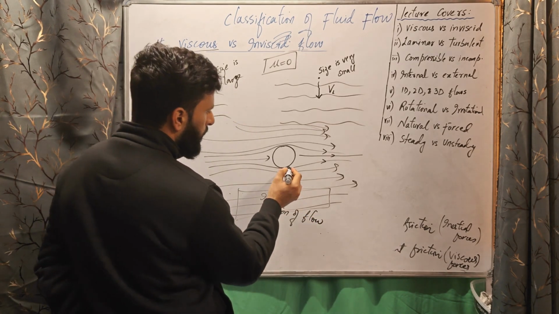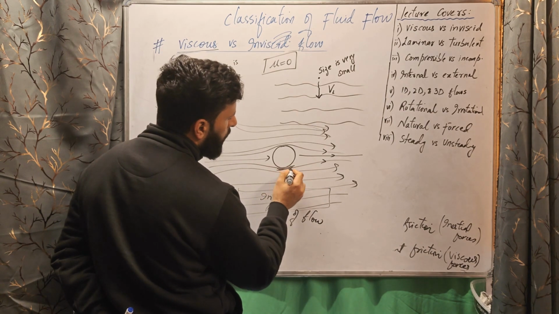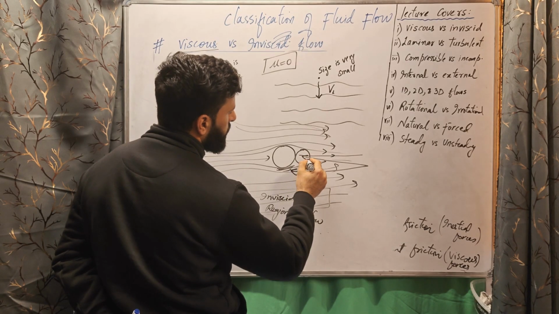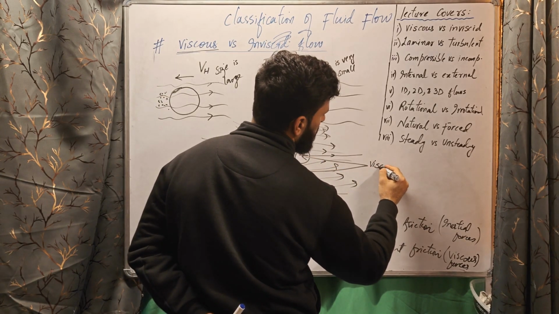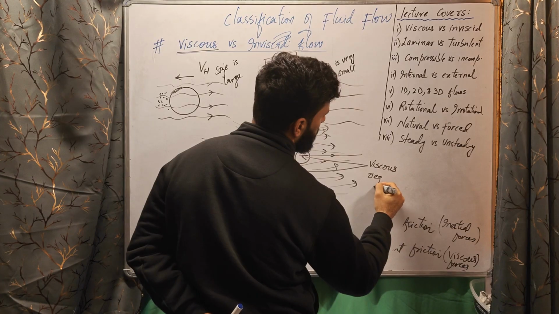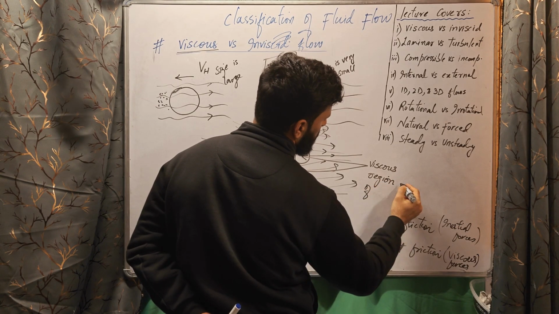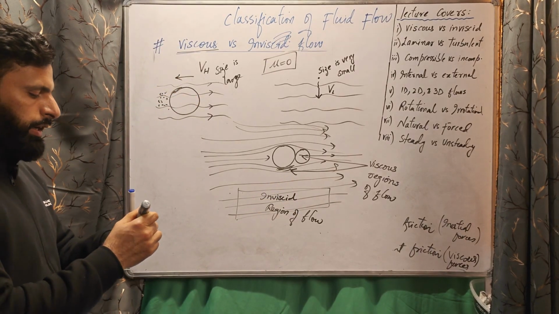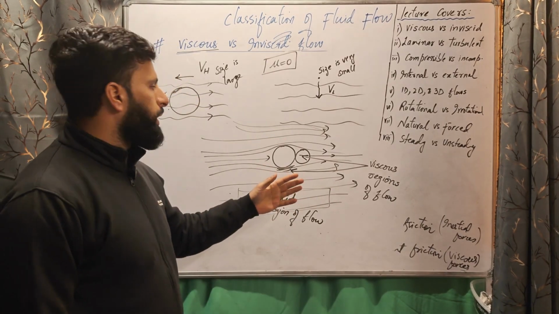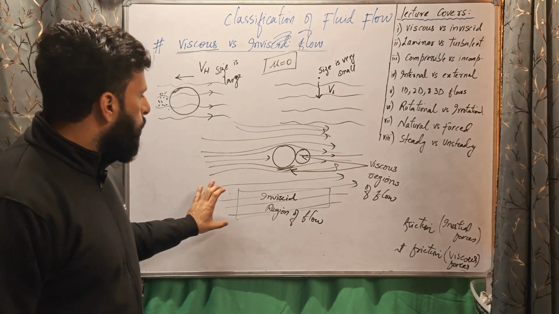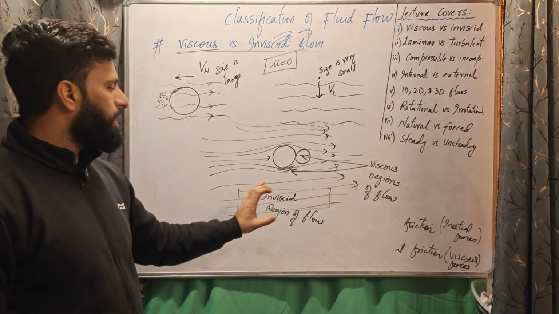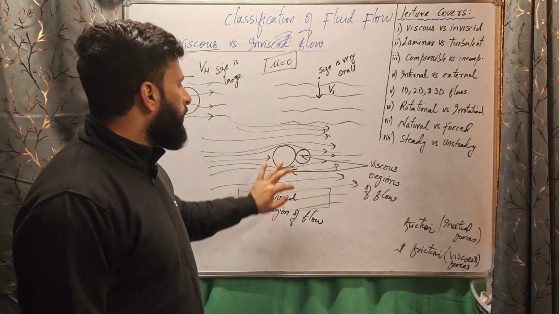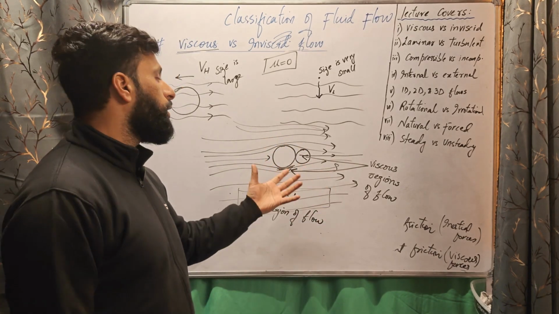But the region near the surface of the ball or the region behind the ball, these are viscous regions of flow. So a single flow system can have two different regions. One where viscous effects can be neglected, inviscid regions of flow, and others where viscous effects cannot be neglected, they are dominant.